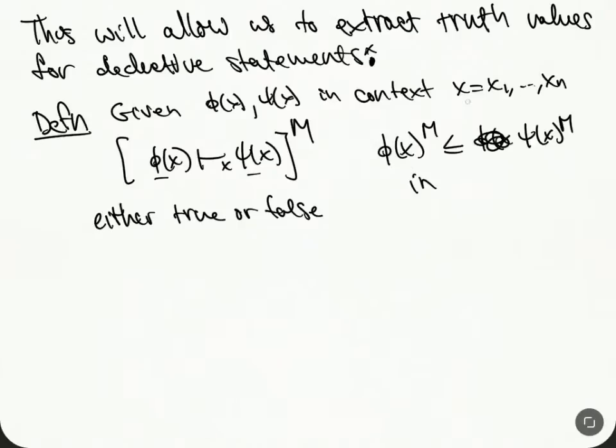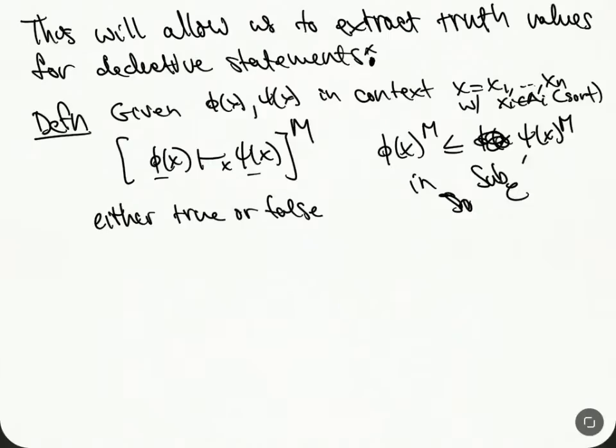oh man, I ran out of space. Let's say with xi and ai, so this is the sort again. This thing is going to be true depending on whether or not this formula holds in this dude here.